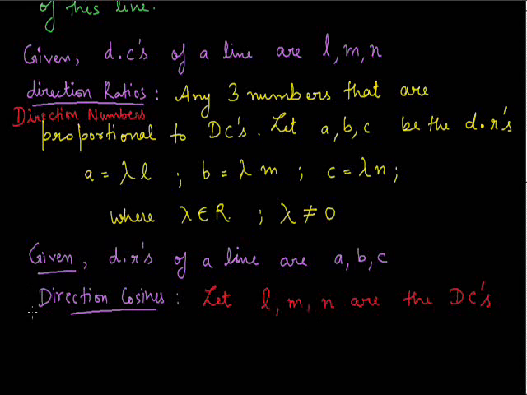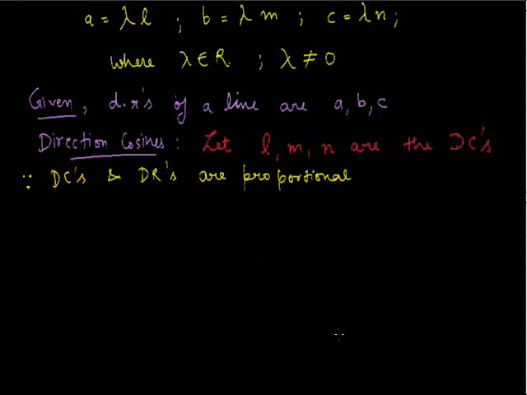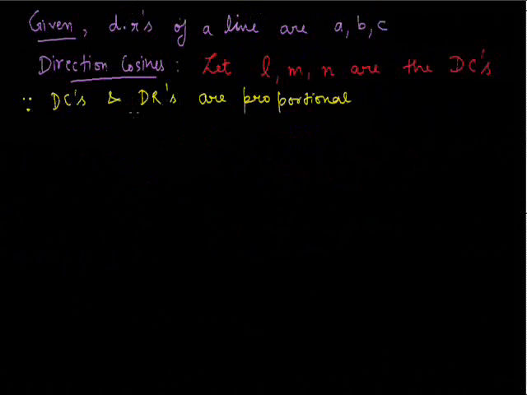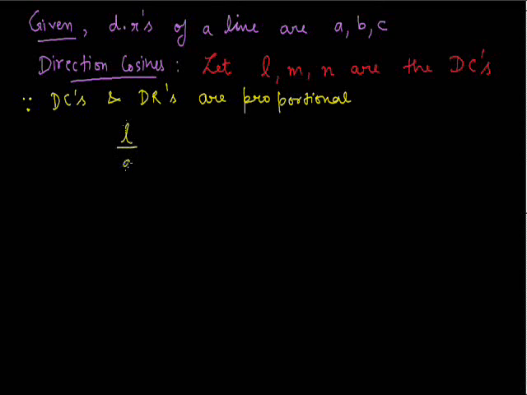Since we know that DCs and DRs are proportional, we can write L upon A equals M upon B equals N upon C, and this ratio is constant, let's say K, where K is a constant.